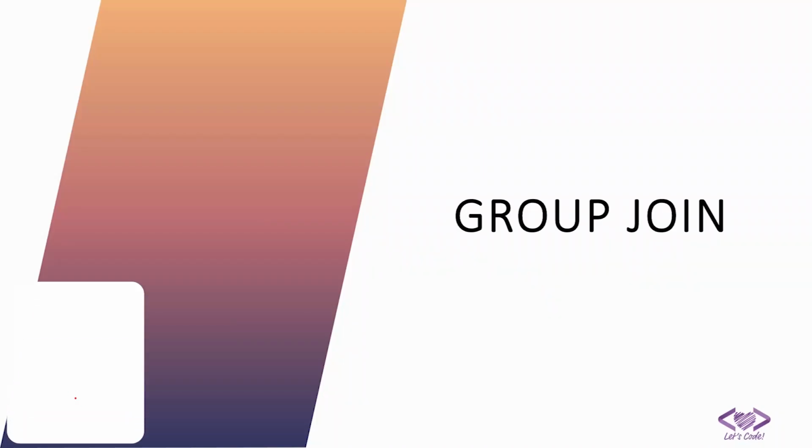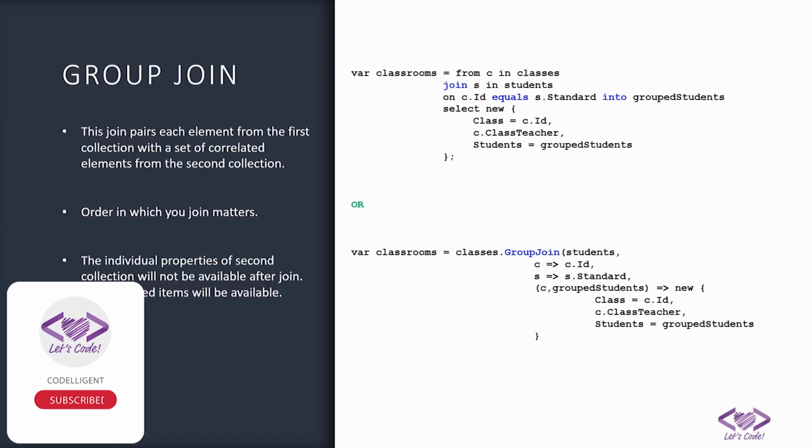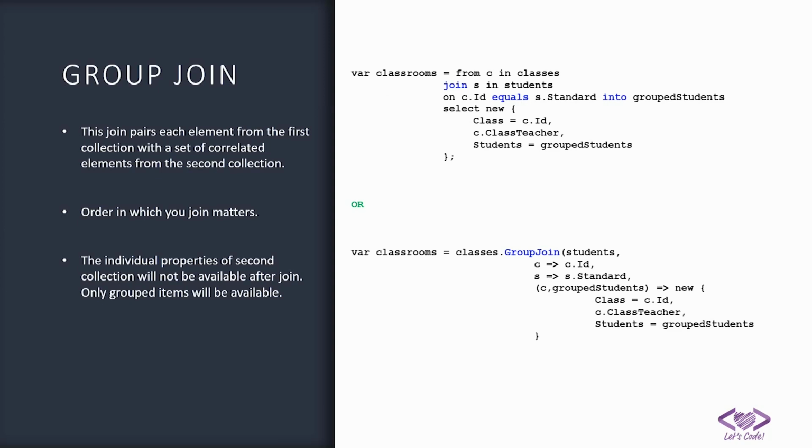Now we will see what a group join is. This join pairs each element from the first collection with a set of correlated elements from the second collection. What that means is, if you see the code, we have from C in classes join S in students, and then the way we defined the relationship in inner join, in the same way we define on C.id equals S.standard.